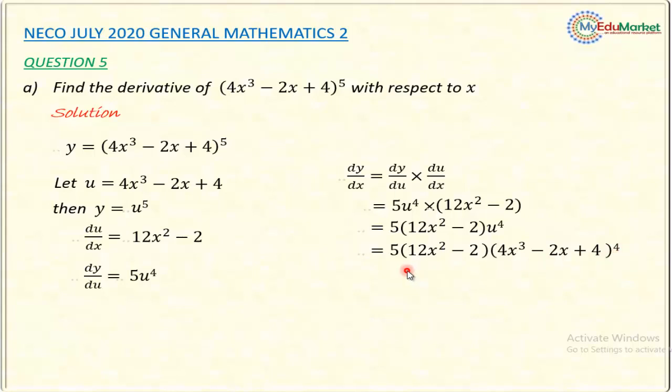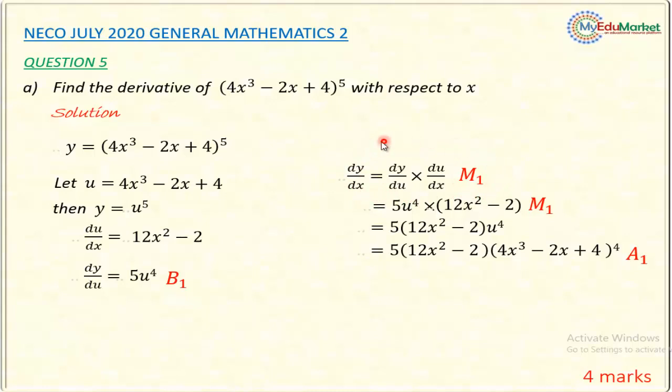So to that I finish answering this question. What I'll just give you is the mark distribution for this according to the official NECO marking scheme. The very first mark is bonus 1 mark, and this bonus mark is for getting dy du as 5u raised to 4. Next mark is for selecting the appropriate rule, in this case the chain rule or composite rule.